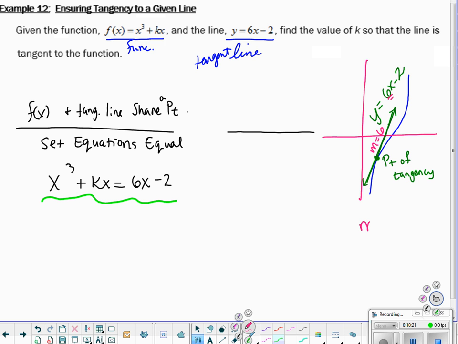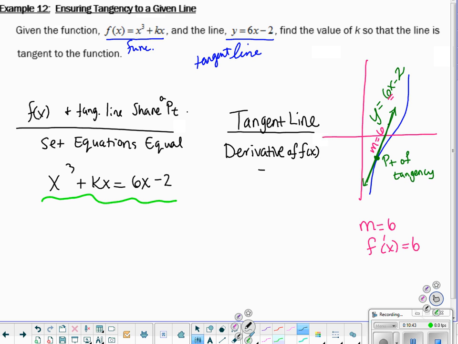And I know that slope of a tangent line can be calculated by f prime of x, which has to turn out equaling 6, right? So we're going to work off the information about the tangent line, and the fact that the derivative of the function would have to equal the slope of the tangent line. Does that make sense?